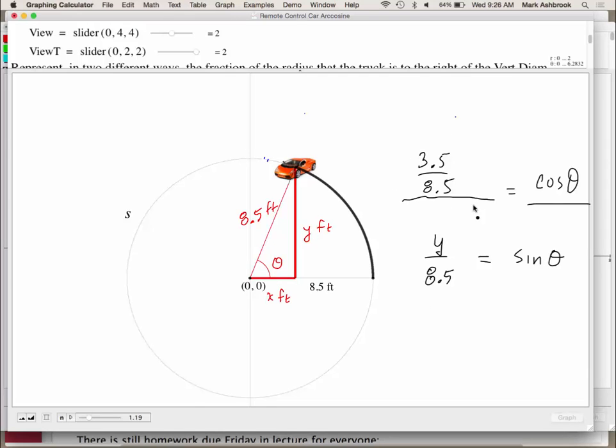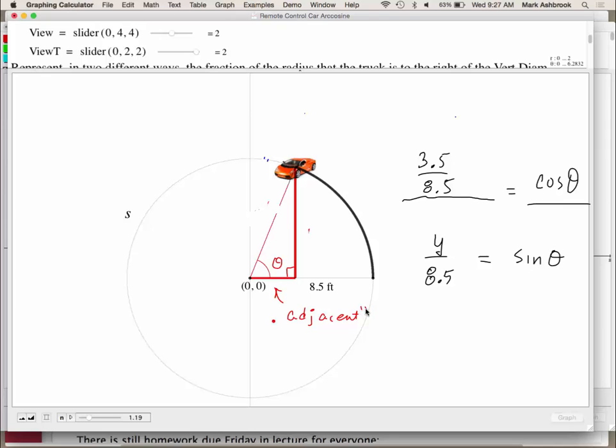Okay, so we're still focusing on the fact that all these things are measuring what? Horizontal distance and vertical distance as a fraction of the radius. We're just doing it different ways, as a ratio of the distance to the radius or using sine and cosine. So now looking at this right triangle, relative to this angle theta, this side right here is next to it, so we call it adjacent.